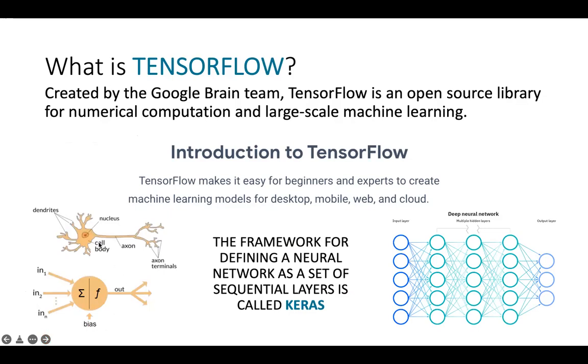So the simple model could be depicted as a neuron. It actually was taken from a book. So we have some inputs and we get the output, and the more complex neural network is depicted on the right. So we have more, sequential layers.